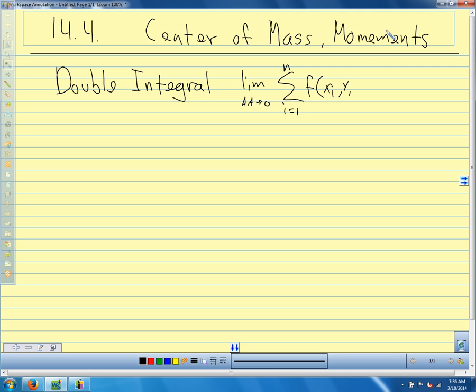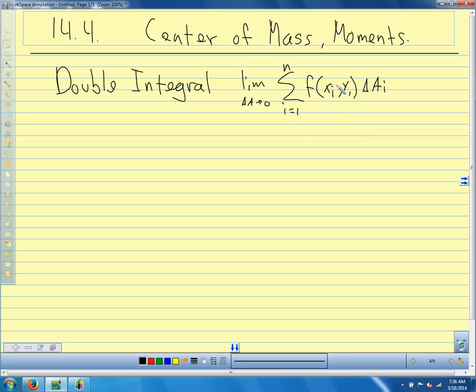Did I put too many m's in here? Moments. All right, so we defined a double integral as this limit, the limit of this sum.